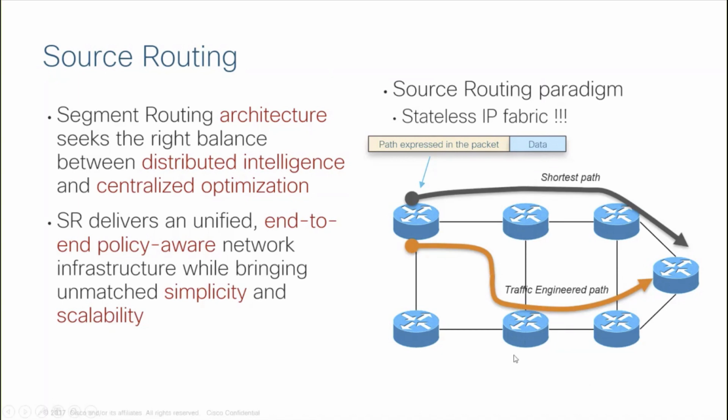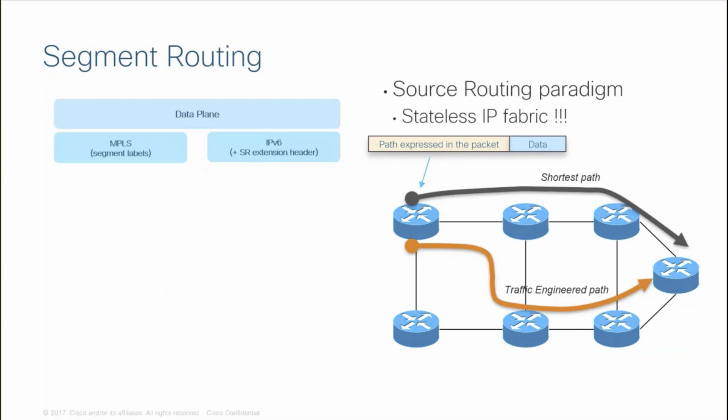I may have 10, I may have 1, I may have 1 million. It doesn't really matter. This device in the middle will only look at the instruction coming into it on this yellow portion, execute the instruction, and deliver the packet. So you really have an unbounded and scalable infrastructure that can deliver any type of transport SLA.